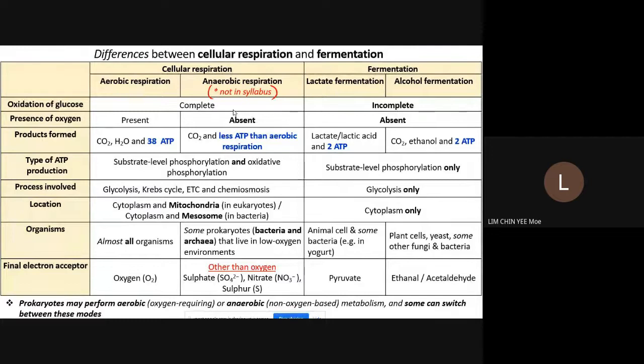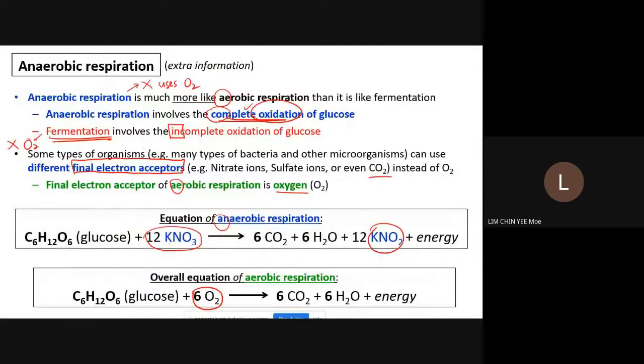pathways, the three cellular pathways. We have aerobic yang perlukan oxygen, and then anaerobic and fermentation in the absence of oxygen. Tapi macam yang hari tu Miss dah terangkan, even though anaerobic it doesn't use oxygen, it still involves the complete oxidation of glucose.